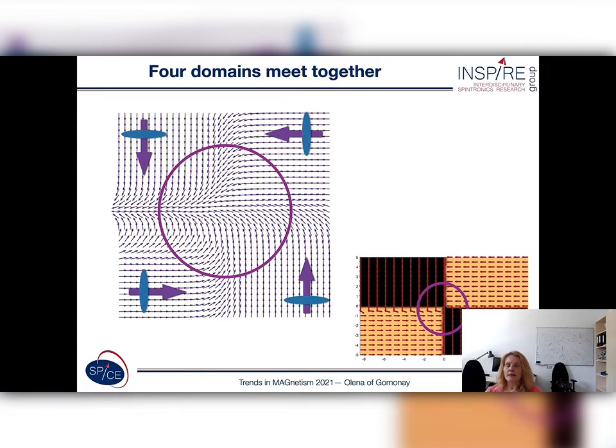If we look in detail with high resolution at this junction point and look at the distribution of the Néel vector, then we see that the Néel vector rotates around the circle, and in this way we have a magnetic vortex. However, the blue ellipses in this slide show corresponding spontaneous strains which should follow magnetic ordering far from the junction point.